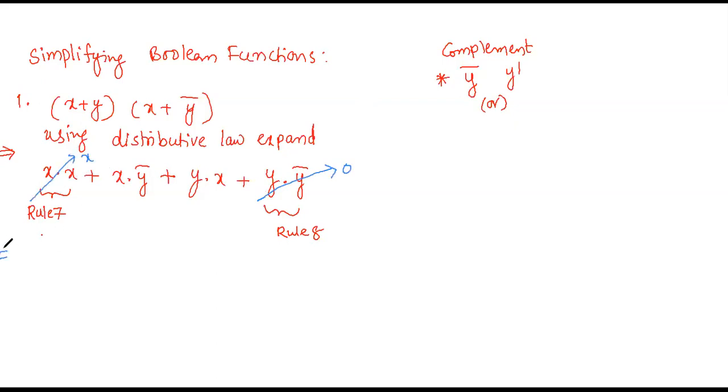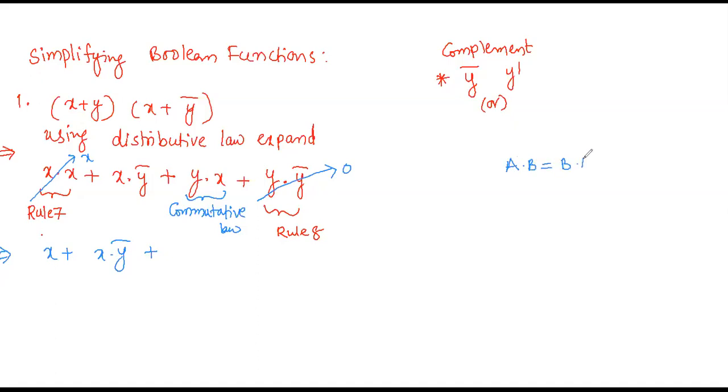So you can write this one as x plus x into y bar plus y dot x. From commutative law, you can write y dot x is equal to x dot y. What does the commutative law state?